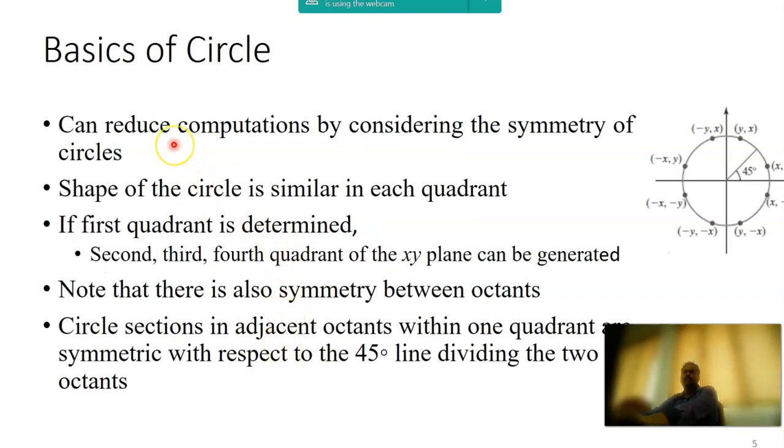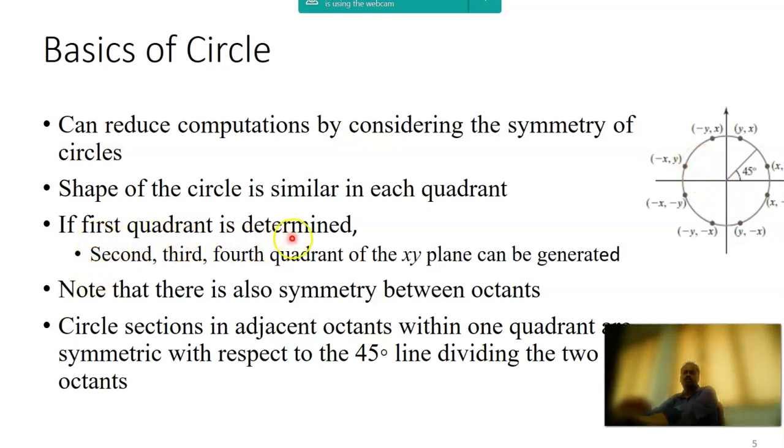The computation can be reduced by considering the symmetry of the circle. Actually we calculate one quadrant of the circle, and the rest of the three quadrants will be generated from that. The shape of the circle is similar in each quadrant. If you find quadrant 1, you can easily identify quadrants 2, 3 and 4 from those points.